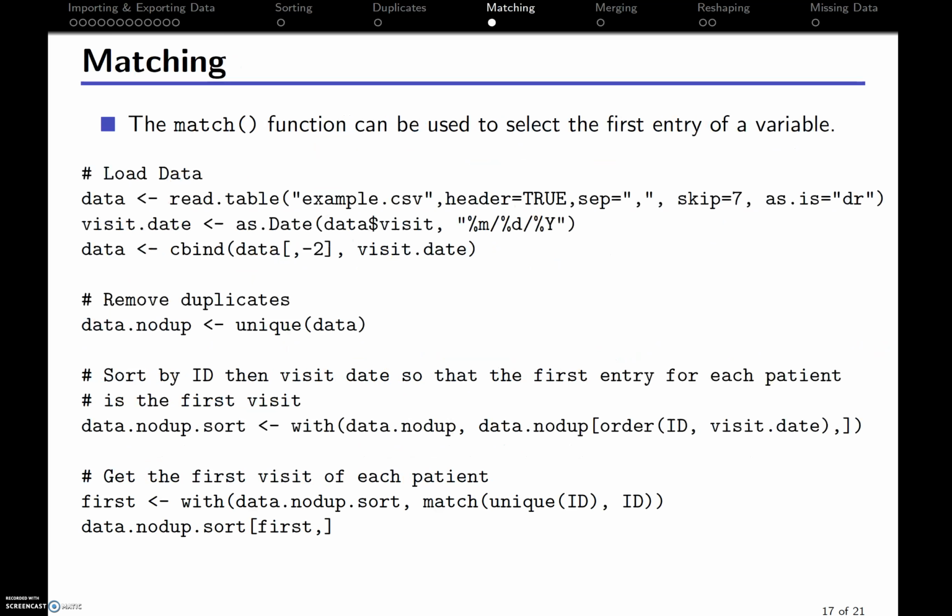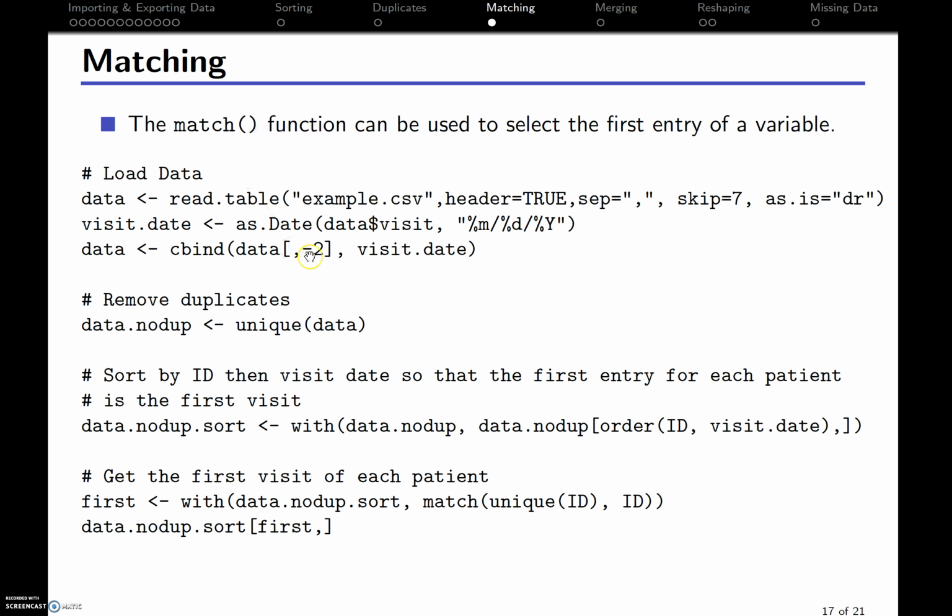The match function is also really, really useful. So this will give you matches between variables. So if you're trying to find duplicates or find matches across different variables that have the same information, this is a useful way to go about it.